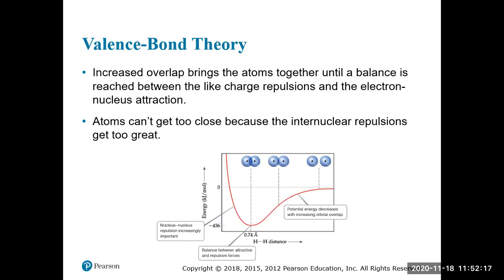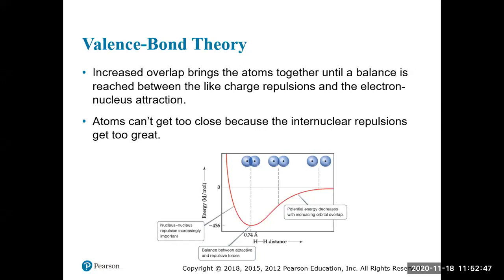In this example, it's the hydrogen-hydrogen, so it's two 1s electrons coming together. And so this is where we think about those different interactions that you can have. You have the repulsions of the electrons to worry about. You have the attraction of the electron to the nuclei. You have some internuclear repulsions if things get too close.